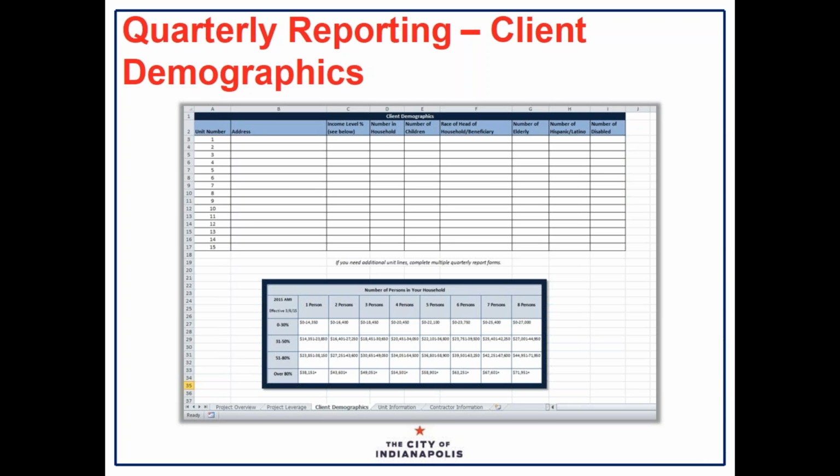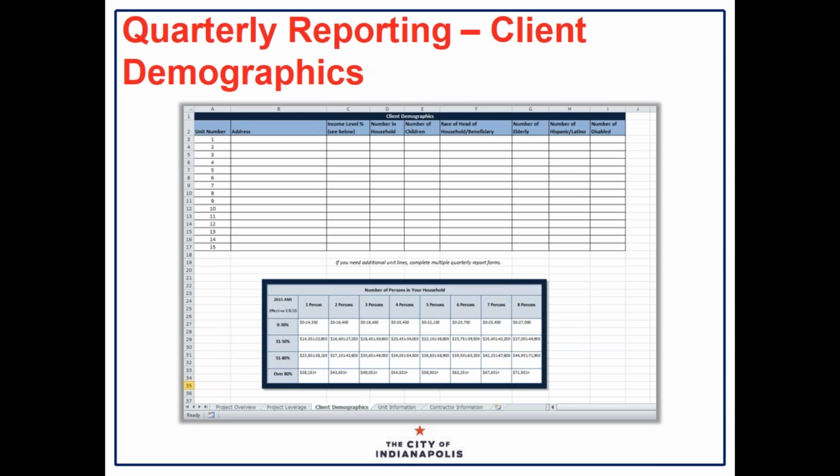But it just asks how many people are in the household, the number of children in the household, some demographic information about the head of household or beneficiary, and again, number of elderly people and number of disabled. The income levels have a drop-down box for that section, so please use the drop-down box.